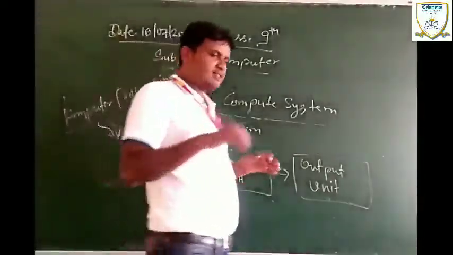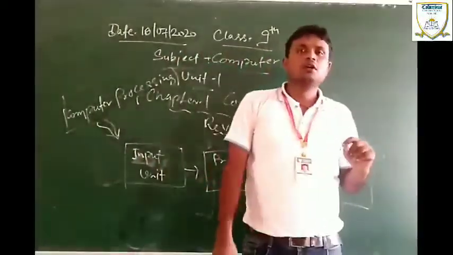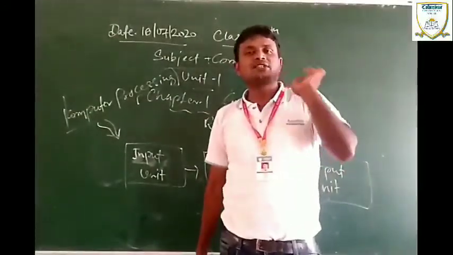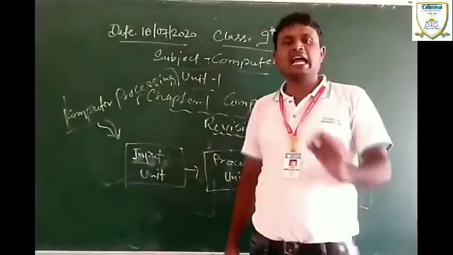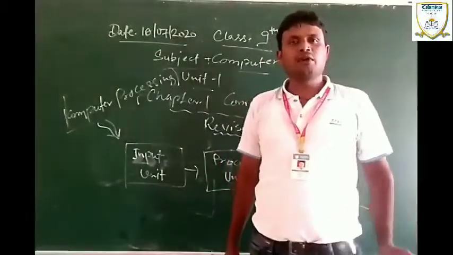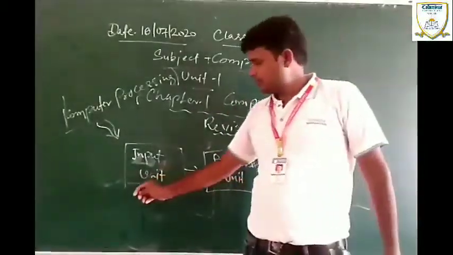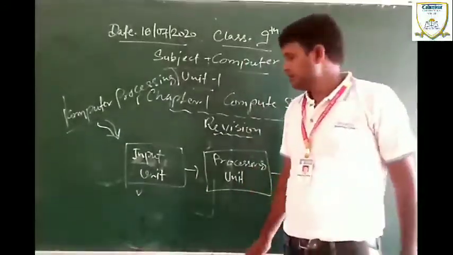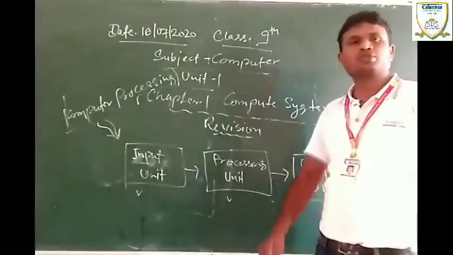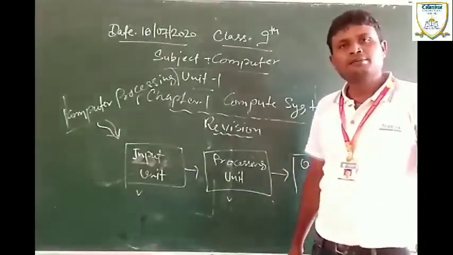As you know, in the previous class I taught you the processing system of the computer. There are three units that help the computer to work. First, input. Second, processing.